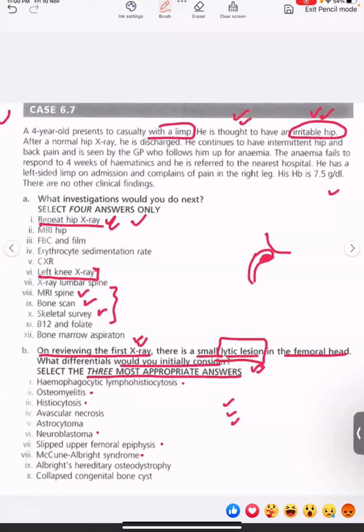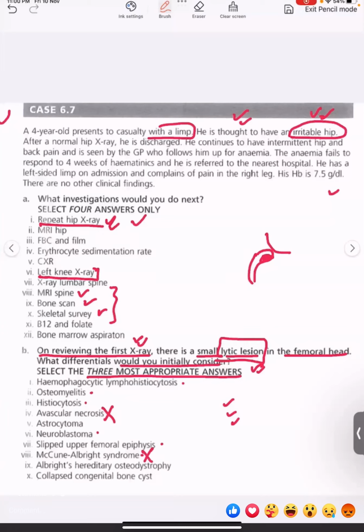Avascular necrosis? No. McCune-Albright? No. Osteoblastoma? Have they given osteoblastoma among the options? Dr. Sadaf, have they given osteoblastoma among the options? No, dear.